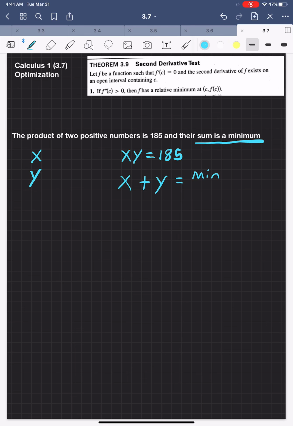This is an optimization type of problem. So I'm going to erase that word min, and I'm going to write something else in just a second. But I want to revisit a theorem from 3.4, where we were looking at the second derivative test. Just remember that the second derivative test is a way that you can find relative mins and maxes.